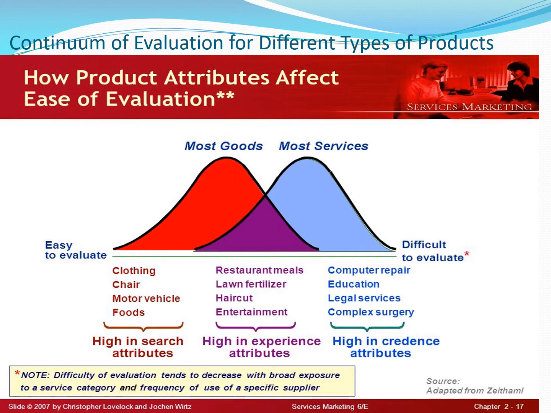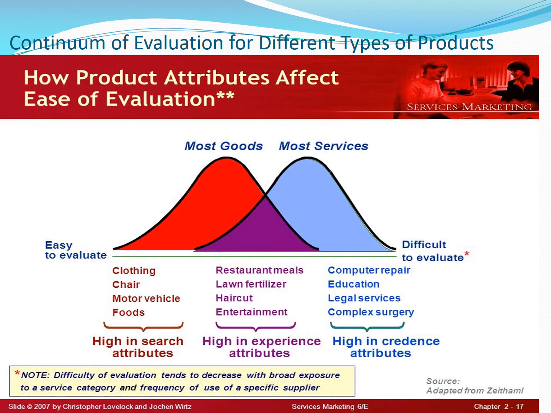The last one is the most difficult one, which we call credence properties. These include characteristics that the customer may find either impossible or very difficult to evaluate even after the purchase and consumption, whether product or service.